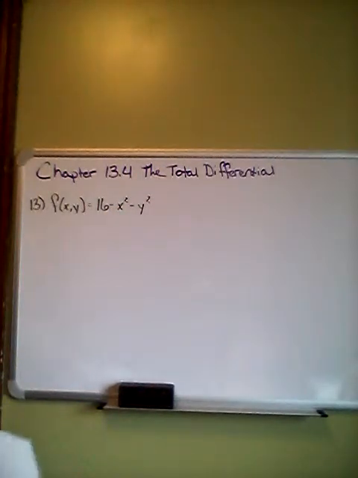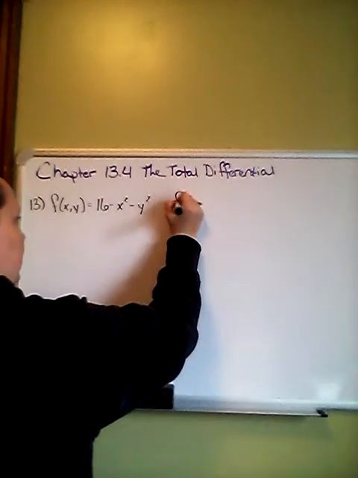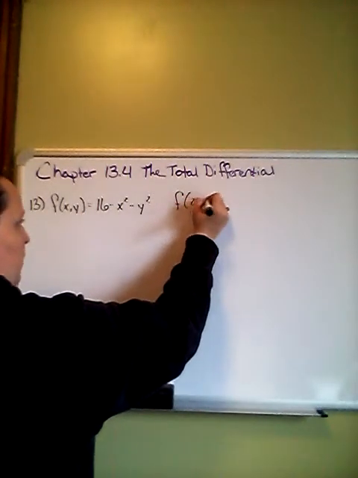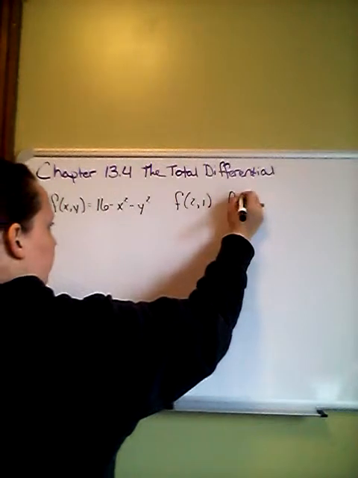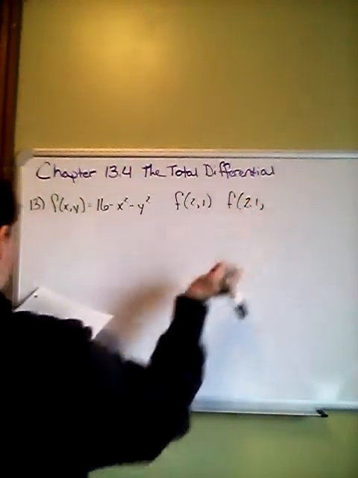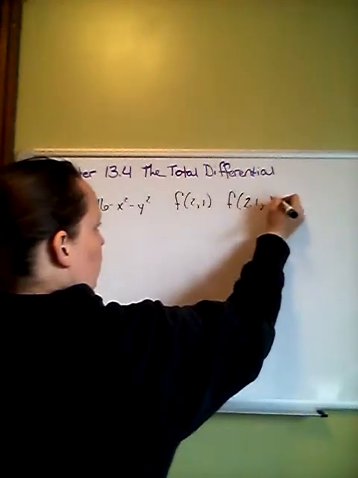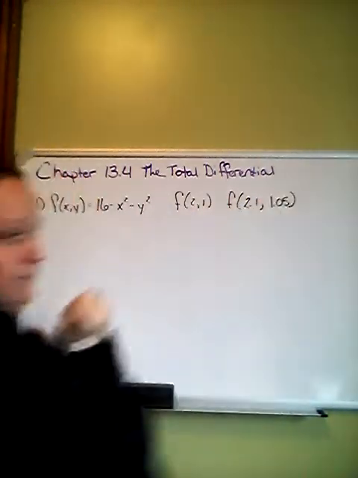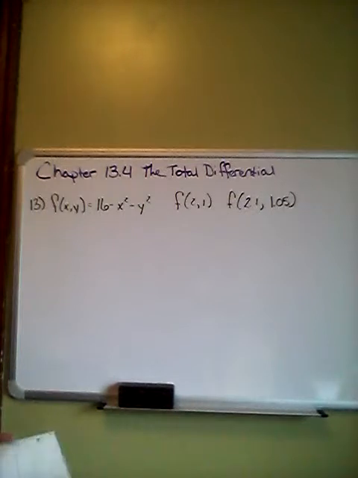Okay, and it wants us to do this for the points f of 2, 1 and f of 2.1, 1.05. Okay, so those are the points that we're going to work with.